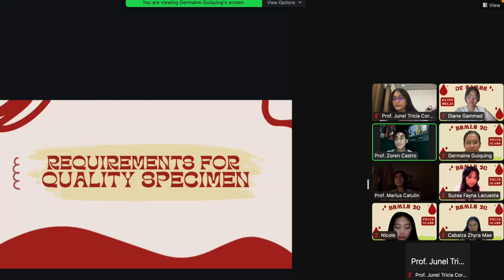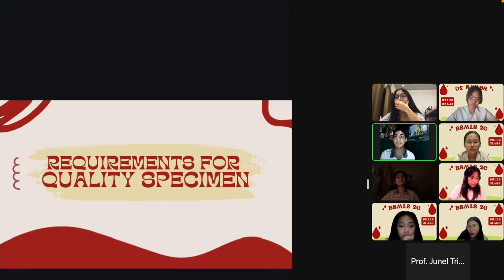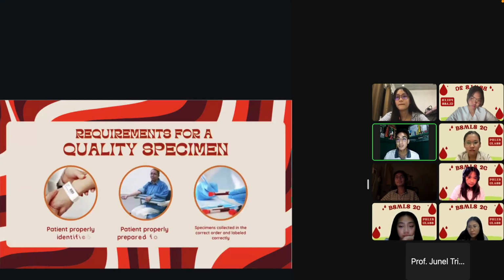So ayun. So now that you have learned the procedure per se for capillary puncture, we will now discuss the requirements for quality specimen. So ano nga ba yung mga requirements para magkaroon tayo ng quality specimen, which is yung blood na kino-collect natin? So for the first requirement, that would be patient is properly identified.